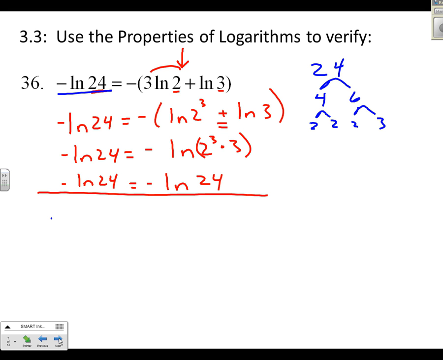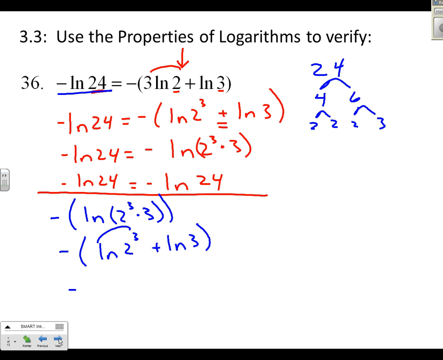So this becomes negative ln of 2 to the third times 3, which becomes negative ln of a sum, 2 to the third plus ln 3. Pull the 3 out, and we get our negative 3 ln 2 plus ln 3. They're really pretty easy to work with with just a very little bit of practice.